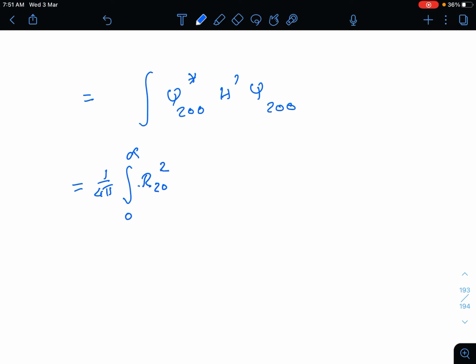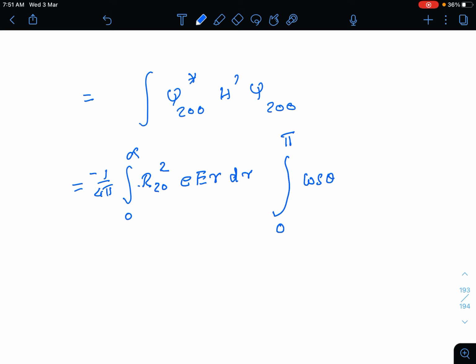H dash is I think minus e r, dr, integral 0 to pi, r cos theta e r cos theta. So cos theta.